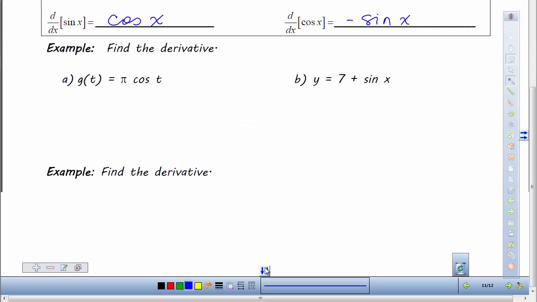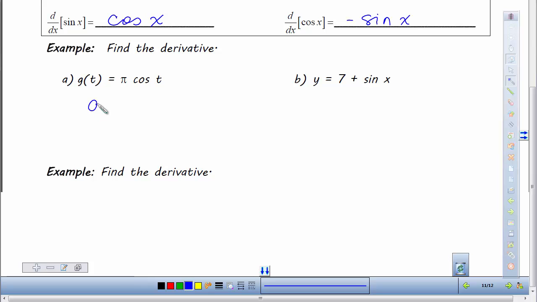All right, so in this example, g of t is equal to pi cosine of t. Which rules do you think I'm going to use? I'm definitely going to use the derivative of cosine rule. And what about that pi? It's a constant multiple. Very good.